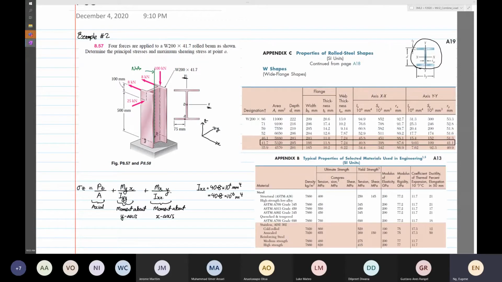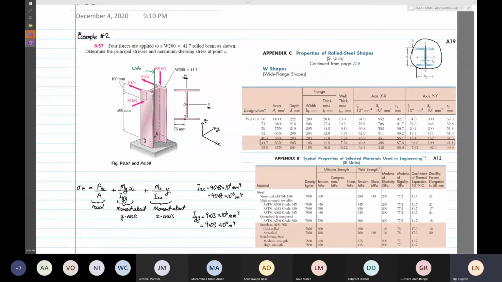We are also given that Iyy is equal to 9.03 times 10 to the power 6, so it's 9.03 times 10 to the power minus 6 meter 4. So that's the good news. You don't need to mess around with second moment of area.